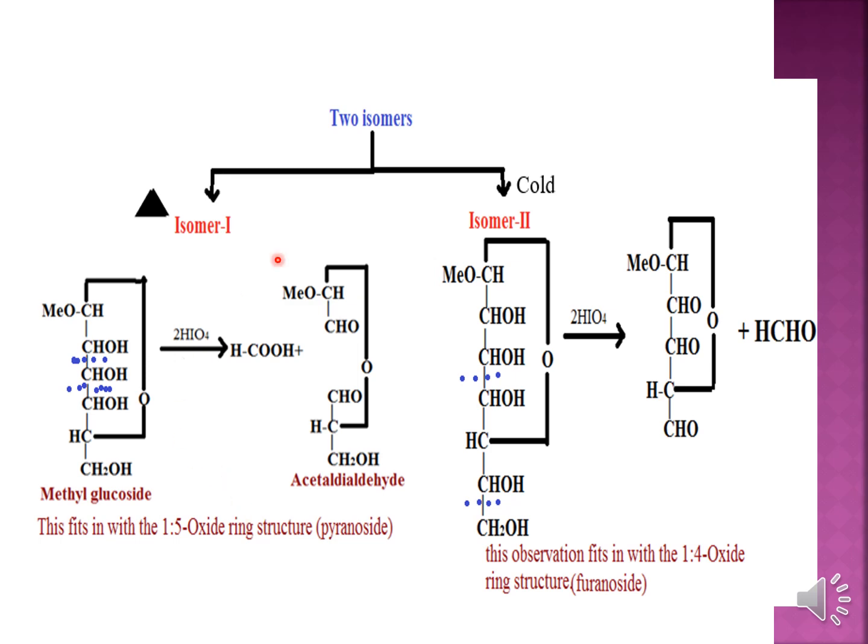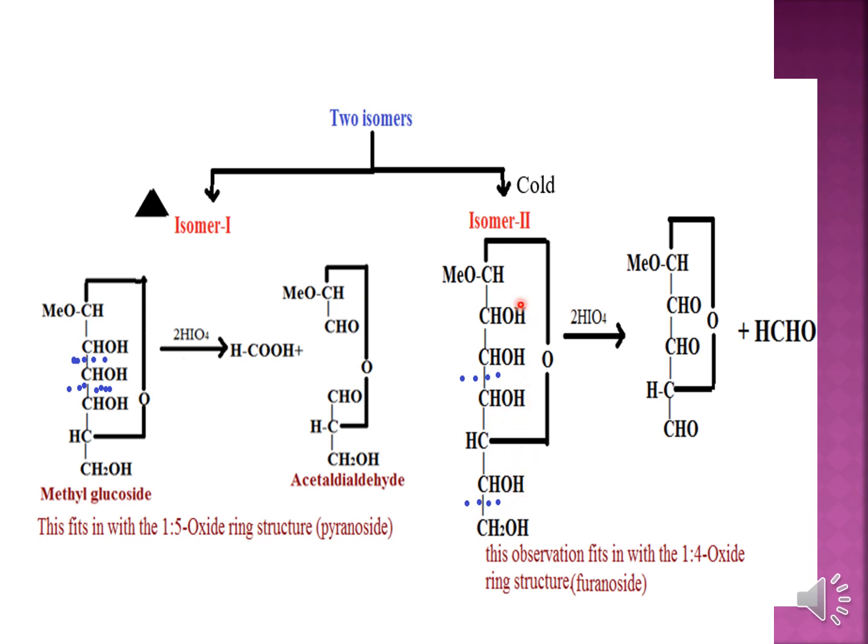So if you come back here, you are getting 2 isomers, one upon heating and one upon the cold condition. The isomer 1 gives this structure, that is your methyl glucoside. Upon treatment with the cold condition, you get the methyl glucoside second isomer.